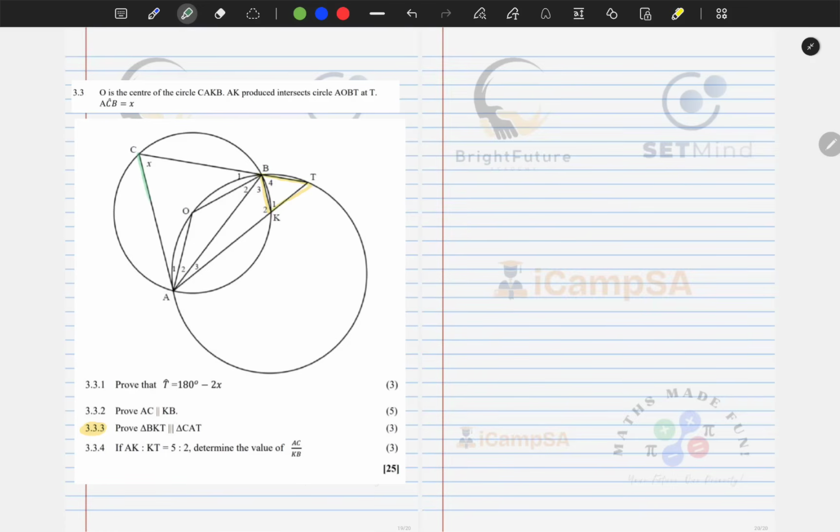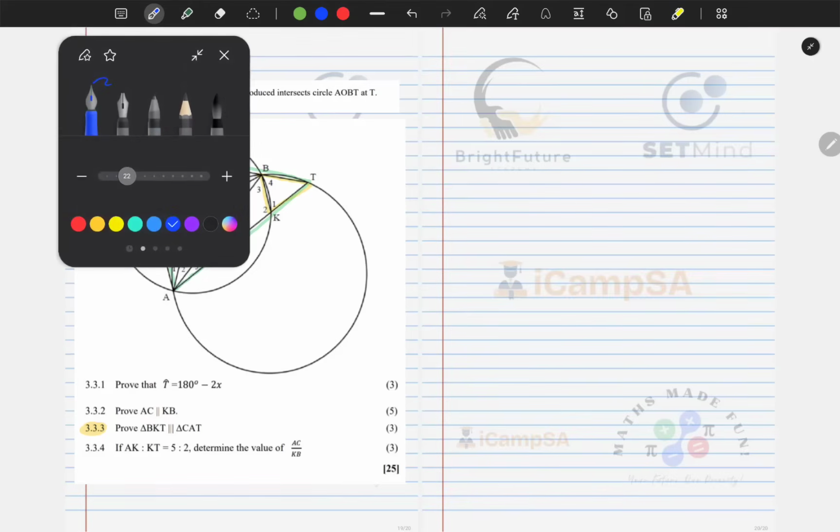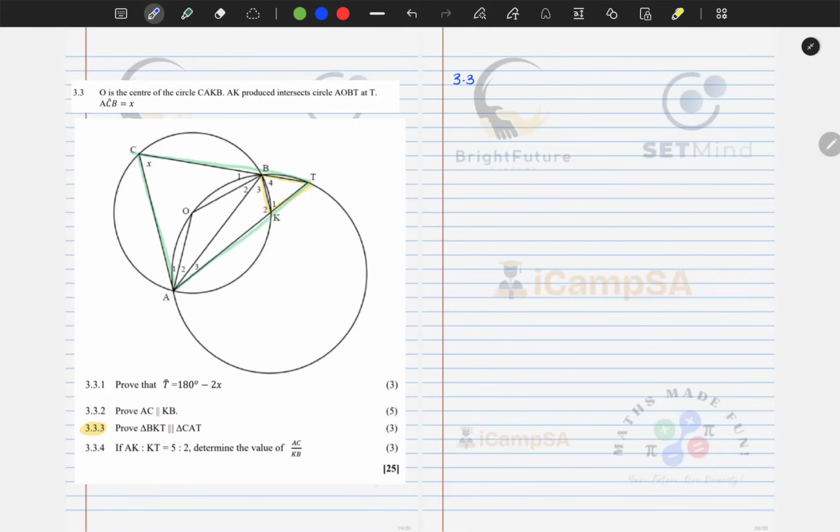Okay. So that is CTA. Right. So this should be very simple for us to do. So let's go ahead. 3.3.3. So we are trying to show that we're looking at triangle BKT and triangle CAT.